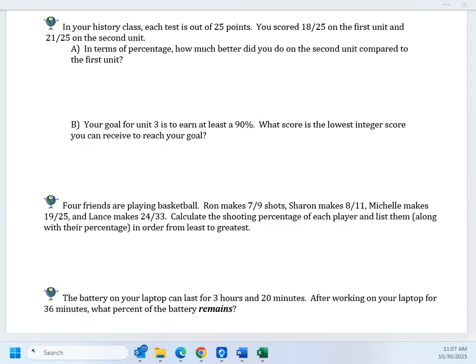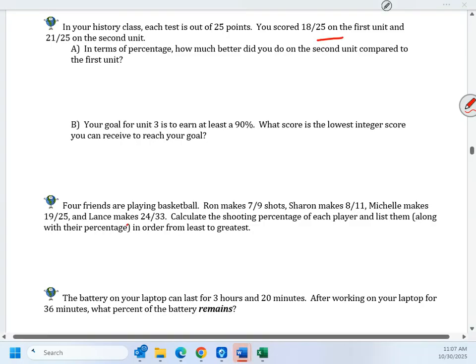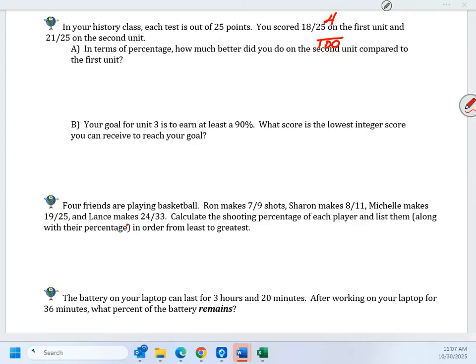Well, you're going to do 25 times 4 to make the denominator 100. So it's out of 25, so we need to put it out of 100. Mo said that's times 4, so what do we do to the top then? Then we times the numerator by 4. What is 18 times 4?